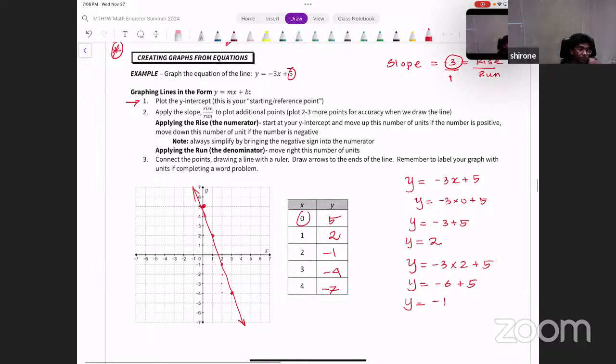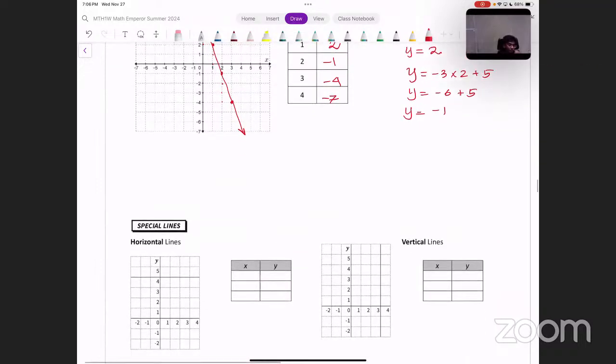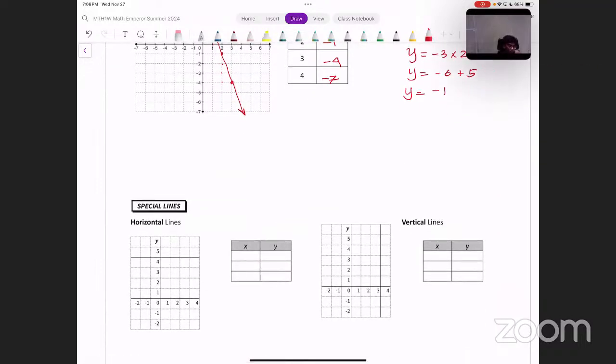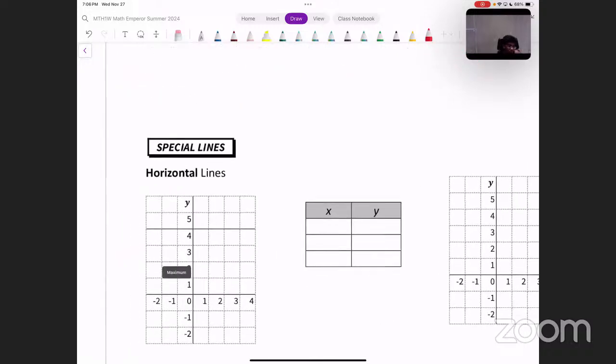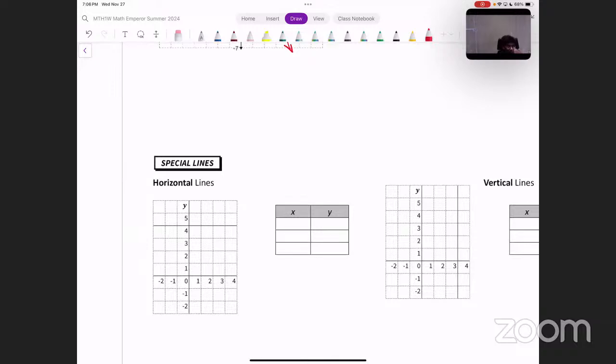All right. Sometimes you get a special case, a horizontal line and a vertical line. For the horizontal line here, they just marked it. When x is 0, y is 5; x is 1, y is 5; x is 2, y is 5. You can see the table.